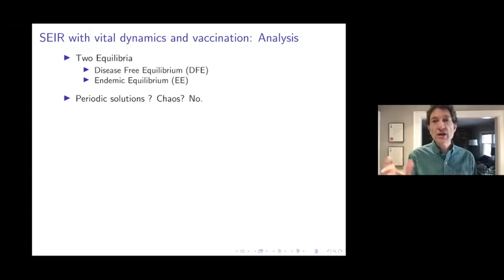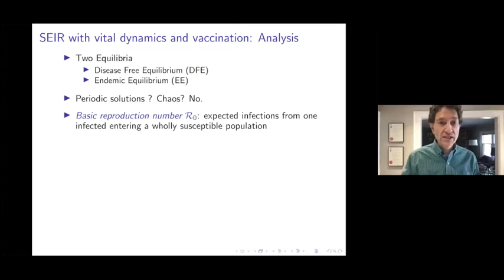And the easiest way to show that, or at least a helpful way to show that, is to introduce a parameter that will be familiar to you, I'm certain, from reading the news over the last year, and that is the basic reproduction number, which I'll explain in a moment, can be written in terms of the parameters of the model that we wrote down.